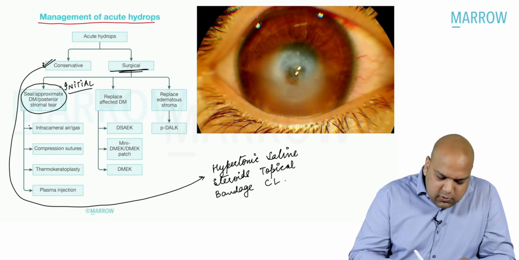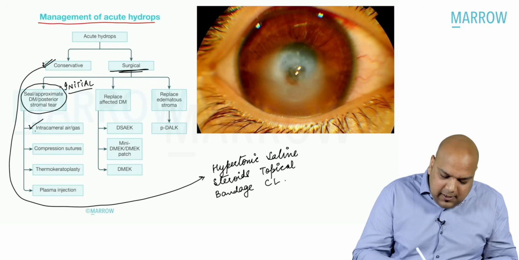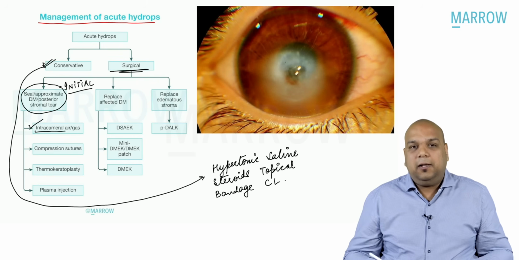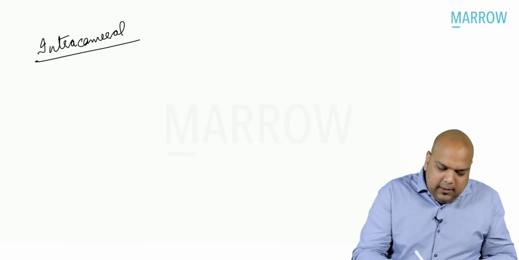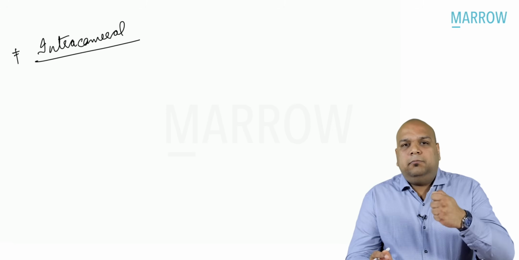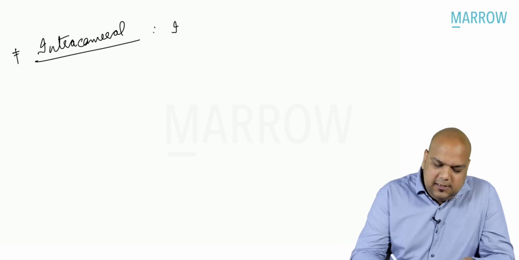In this also, the most commonly done is intracameral air or gas. Intracameral means in the anterior chamber. Okay. I hope you know this, as taught to you in the routes of drug administration in the eye. Intracameral means injection in the anterior chamber.